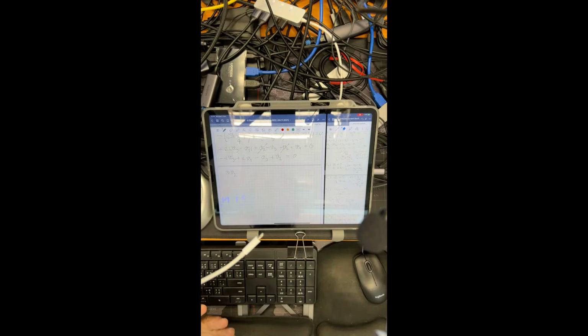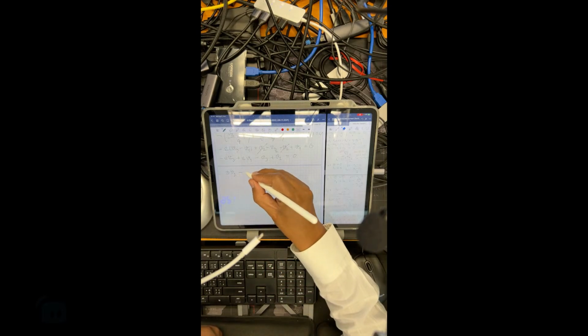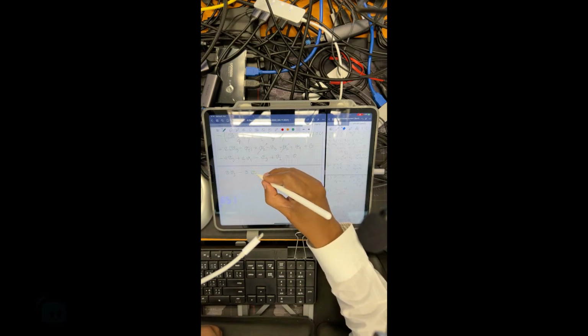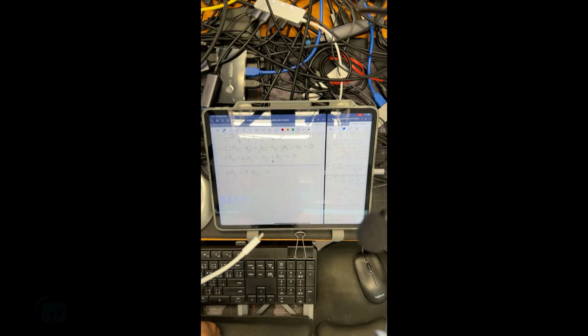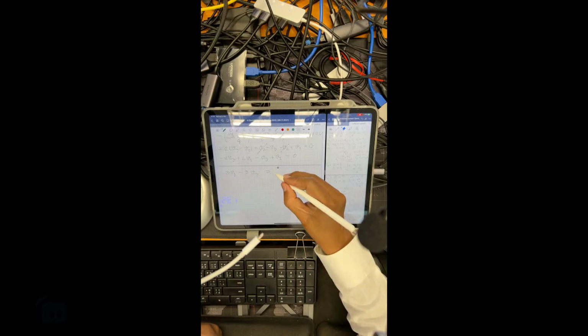What about V2? We don't have V2 because they just cancel each other at this line. What about V3? We have 2 terms of V3, minus 2 and minus 1 is minus 3V3 equals, there is no constant, also equals 0, alright?